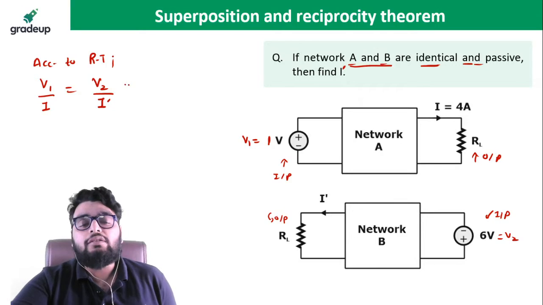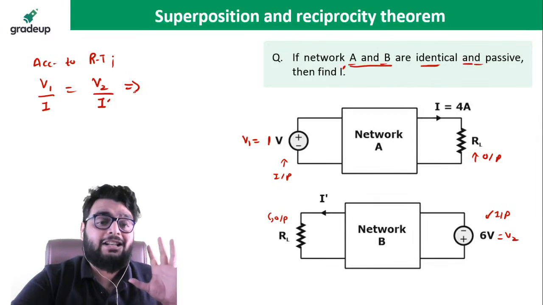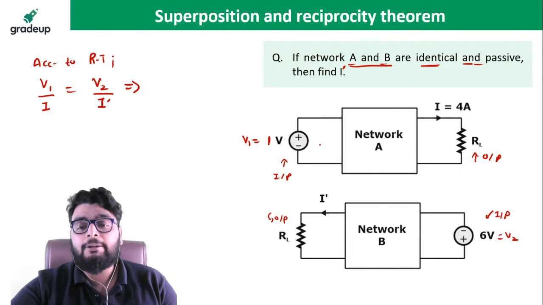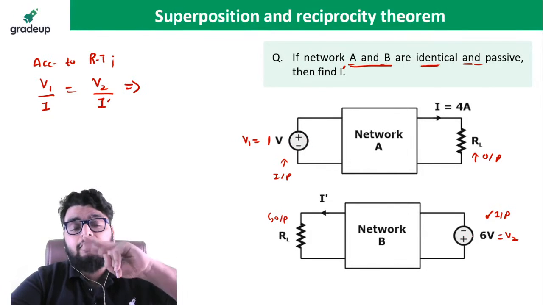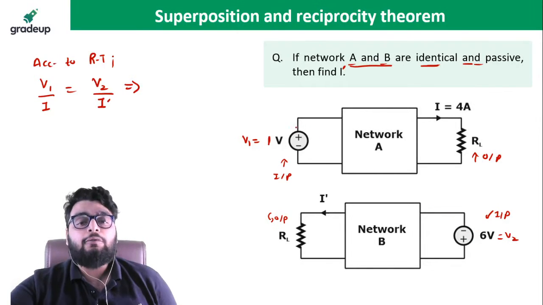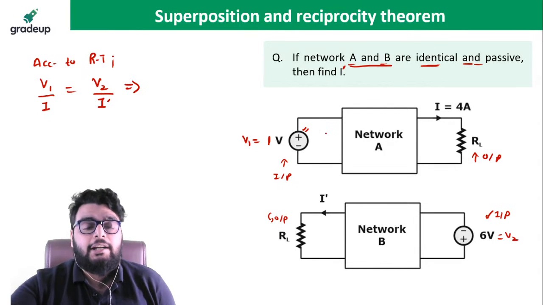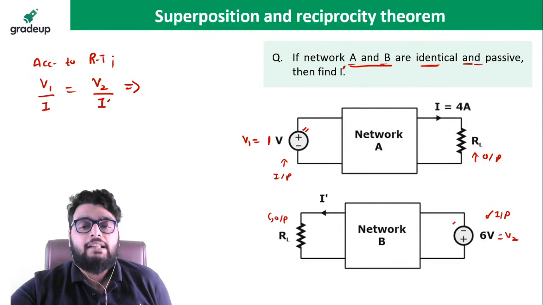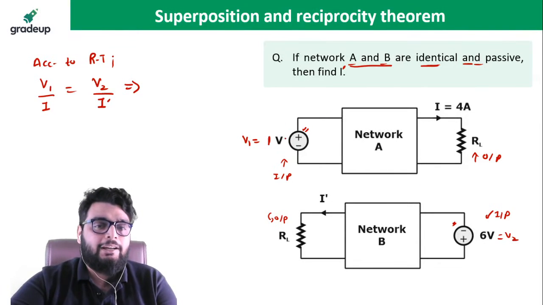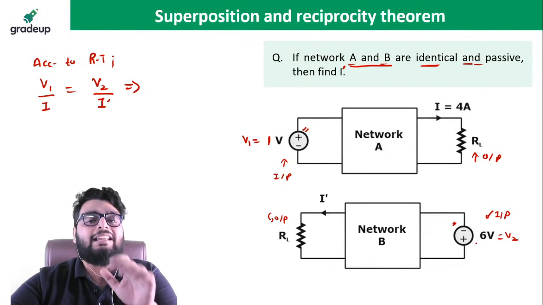Now see here, a very important point. This is a catch. The voltage is plus minus V1, so here the polarities also change. So I have to take one polarity. Either you take this as the positive polarity or you take this as the positive polarity. So if I am taking this as the positive polarity, then 6 volt becomes negative.